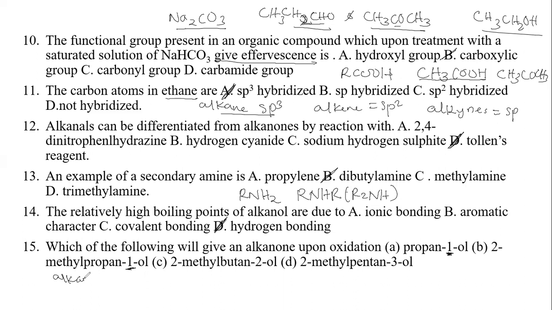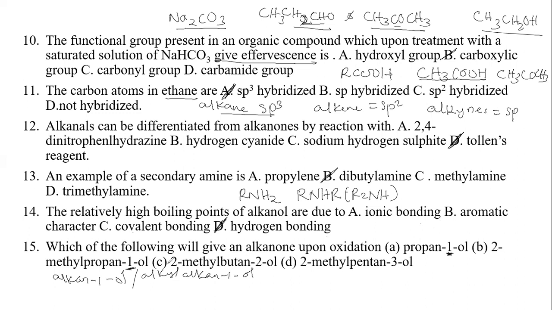Primary alkanols are represented with alkan-1-ol, and you can also have alkyl groups at the front. So that is a primary alkanol. That's why options A and B are primary alkanols.